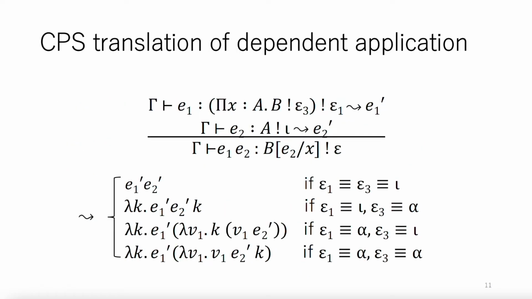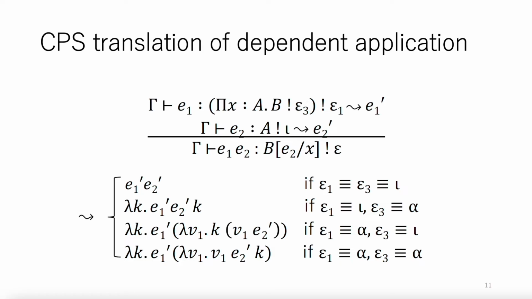Here is the translation of dependent application. We define the translation on the typing derivation because we need the effect information of subterms to decide how to translate the whole term. In the case of dependent application, we have 4 compatible combinations of effects, so we have 4 different CPS images.